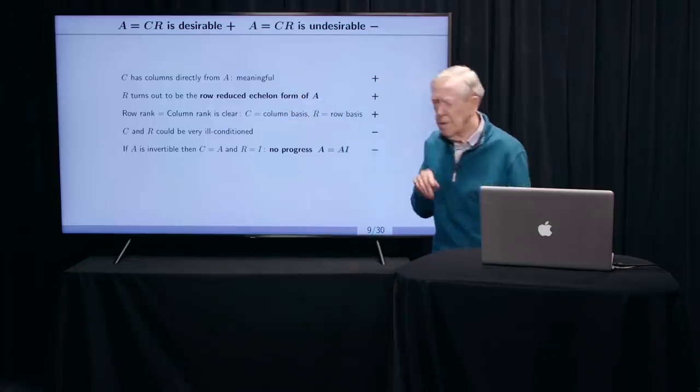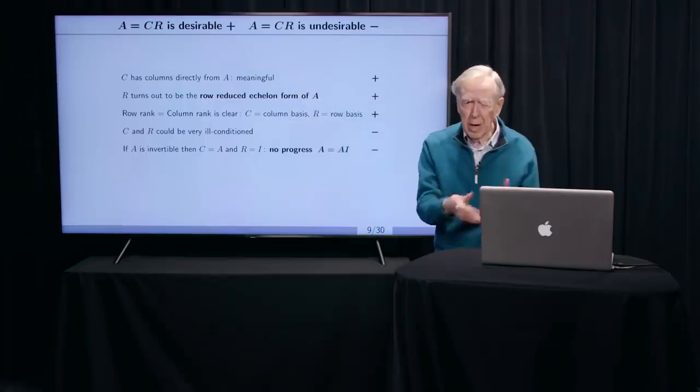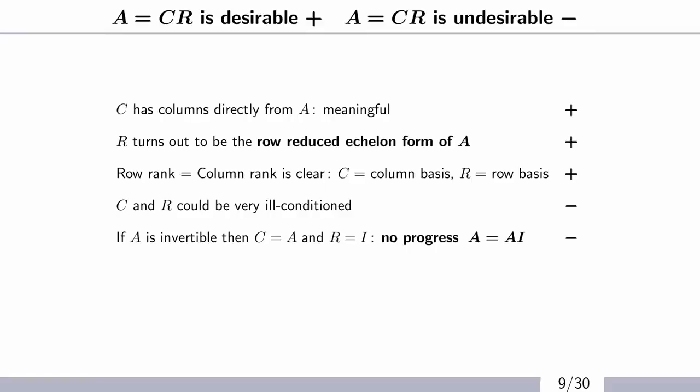First of all, the columns, we're looking at them in C, and we see them from A. We take them directly from A. R turns out to be a famous matrix, row-reduced echelon form, it's called. So to see that pop up here is terrific. And then this wonderful fact that row rank equals column rank is clear from this C times R. So those are all terrifically good things.